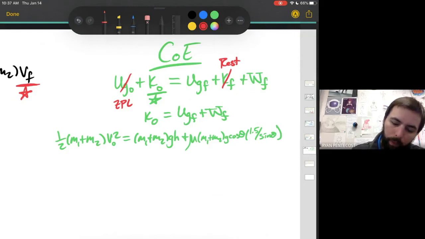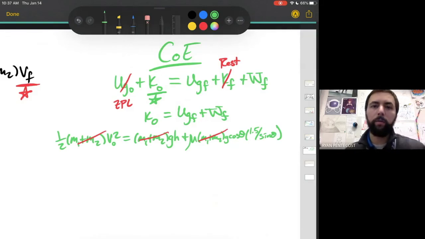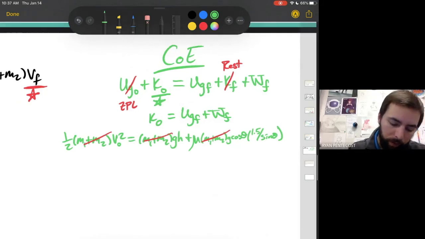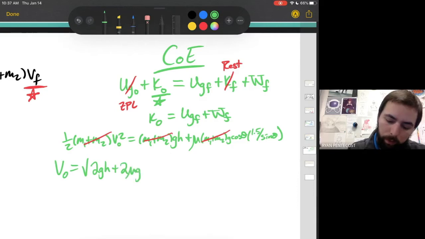Okay, now m1 plus m2, that's gone. If you want to isolate your v naught, you multiply by 2 and take the square root. So v naught will equal the square root of 2gh plus 2 mu g cosine theta times 1.5 divided by sine theta.